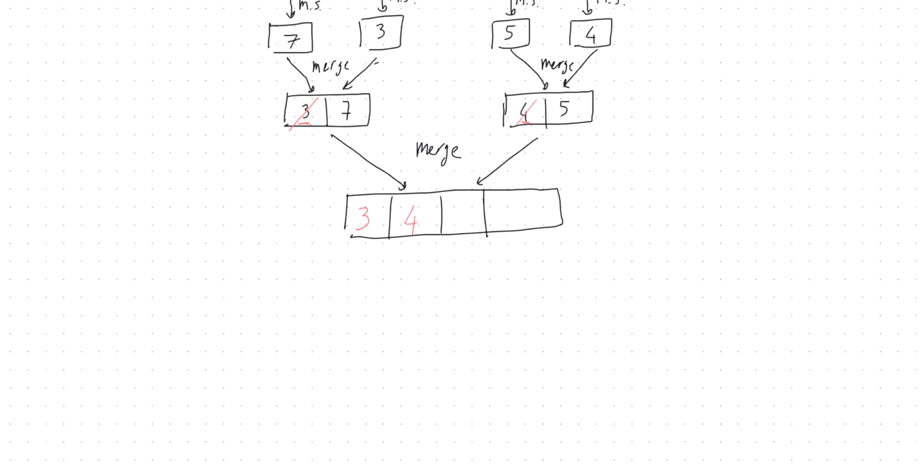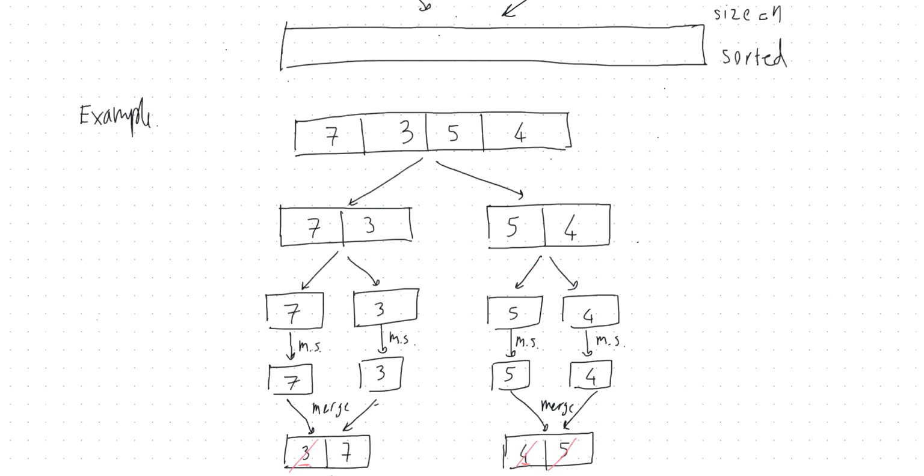Again, we have 7 and 5. 5 is the smallest on the right side, 7 is the smallest on the left side. Between 5 and 7, 5 is the smaller one. The 5 goes here. And then eventually one of the two halves is going to be finished. And then what we do is we copy what's left in the other half. So here we have it. 3, 4, 5, 7 is exactly the same numbers that we had on the top, but now they are sorted.